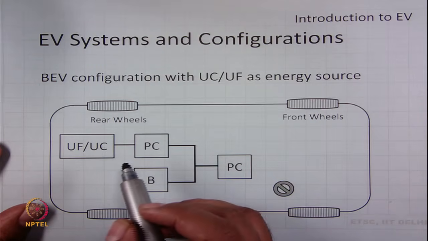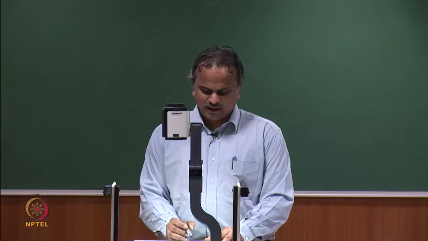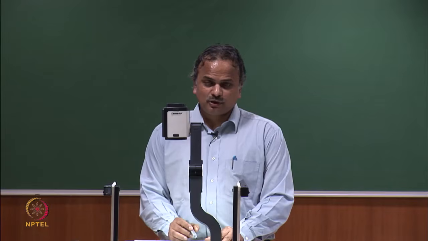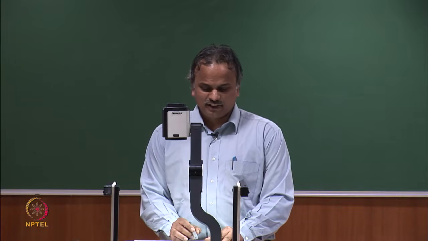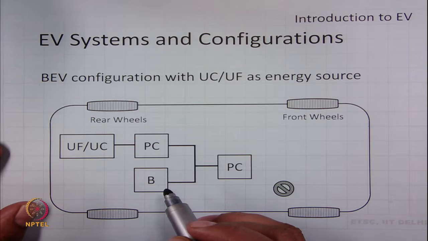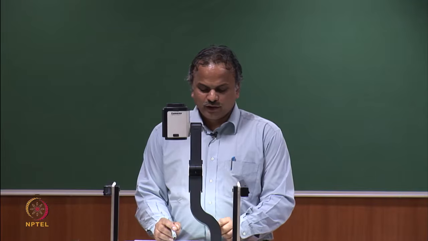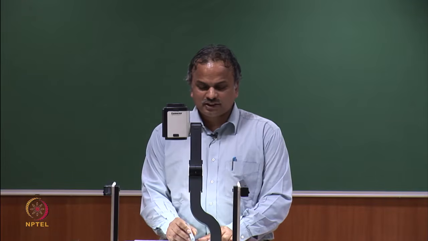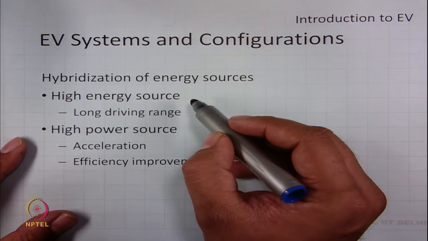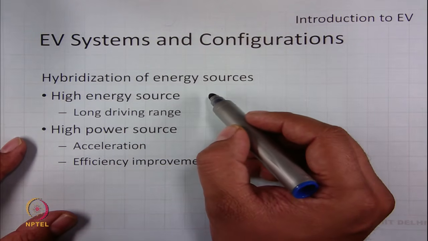So, rather than using a high inertia flywheel, here we go for a very light flywheel, but the system is operated at ultra speeds, that is why it is called ultra flywheel, such that the energy storage capacity can be enhanced.